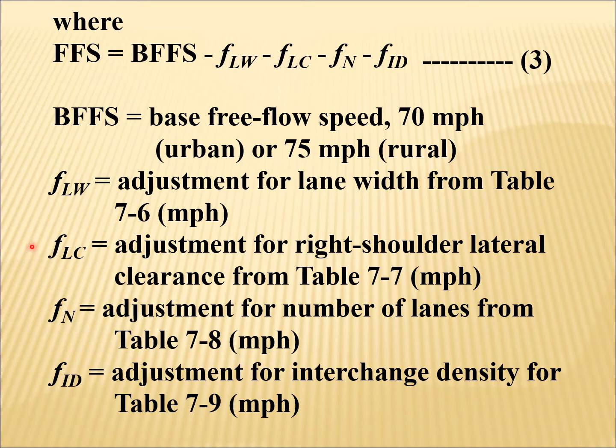F sub LC is the adjustment for right shoulder lateral clearance from table 7-7. F sub N is the adjustment for number of lanes from table 7-8, and F sub ID is the adjustment for interchange density from table 7-9. All these are in units of miles per hour.